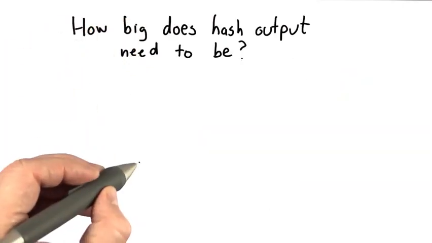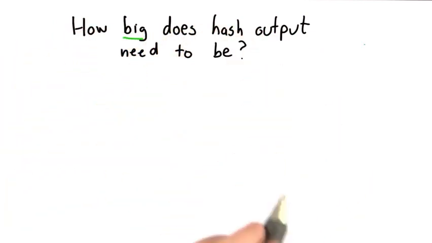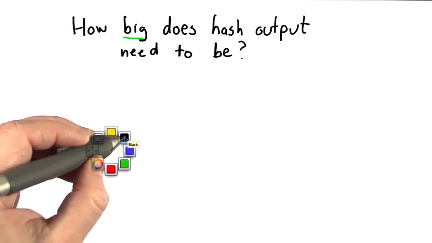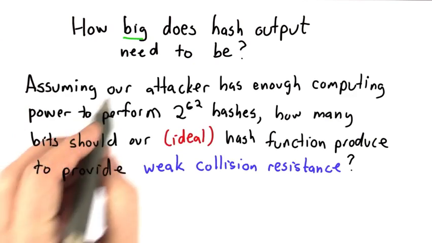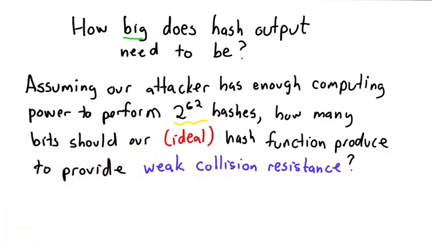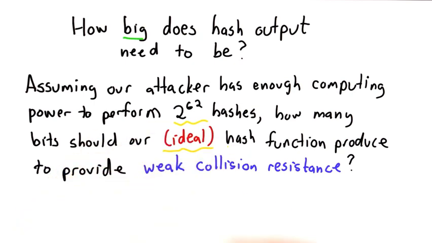So the next thing we're going to look at is how big the hash output needs to be to provide the properties we need. So first, let's just consider weak collision resistance. The question is, assuming that our attacker has just enough computing power to perform 2 to the 62 hashes, how many bits should our ideal hash function have, and we're assuming now that we have an ideal hash function that provides a perfect uniform distribution on the outputs, to provide weak collision resistance.